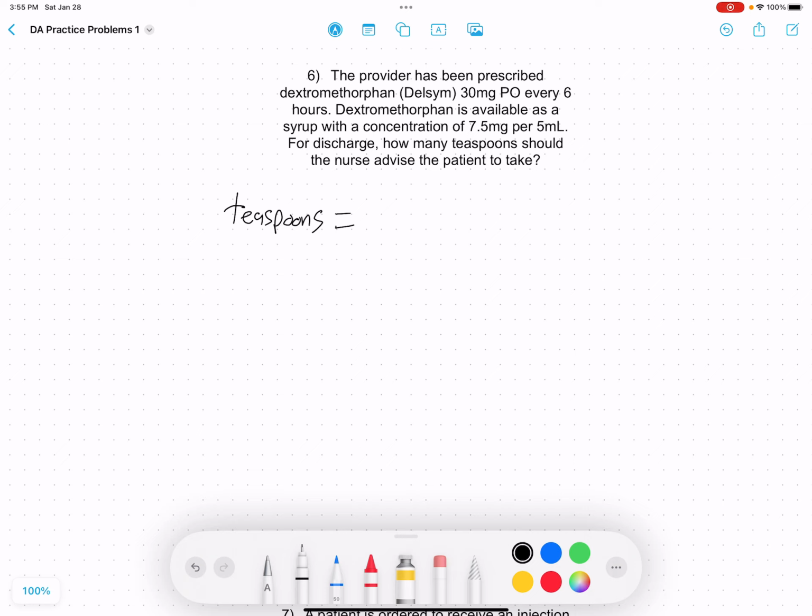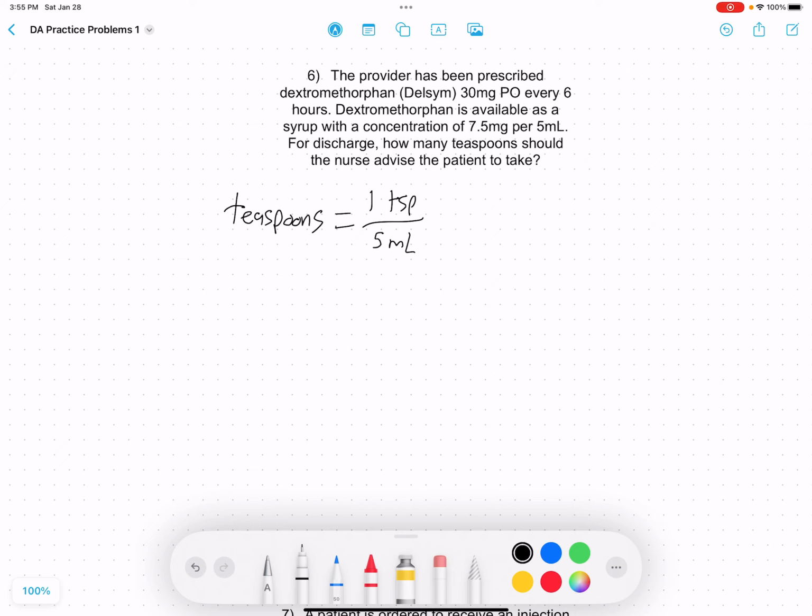It's a basic conversion that you know how to do. We know that for every 1 teaspoon, there are 5 milliliters. If you don't know that, memorize it. It's very important that you know what your conversion rates are for each type of common unit. 1 teaspoon, 5 mils, 1 tablespoon, 15 mils.